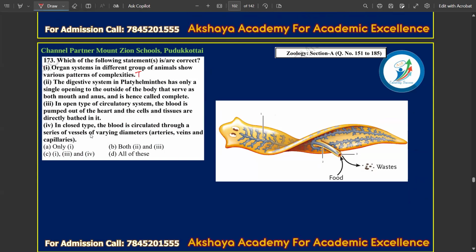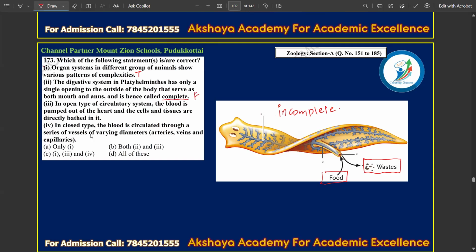The digestive system in platyhelminthes has only a single opening to the outside of the body that serves as both mouth and anus, and is hence called complete. Here, the entry of food and the exit of the undigested food happens from the same opening. Since they're using the same opening, we don't say it's complete, but it's incomplete. So here the word complete is wrong, making the statement incorrect.